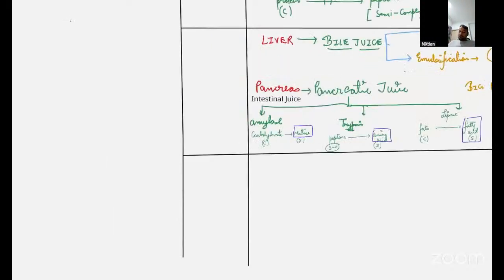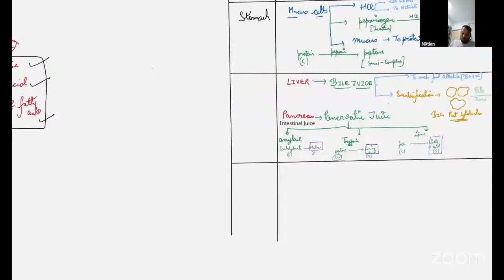Pancreatic and intestinal juice will do their work. So this is the small intestine.